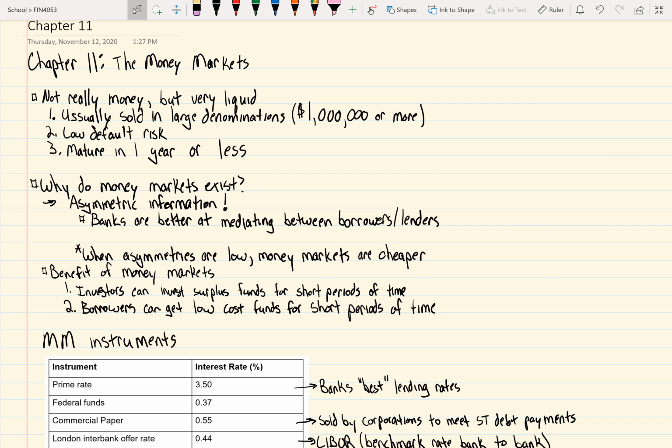On the other hand, borrowers can get very low cost funds for short periods of time. An example of this, as I went over in either chapter 9 or 10 with the federal funds rate, is that banks can lend to each other for short-term liquidity needs. And again, it's at very low rates.